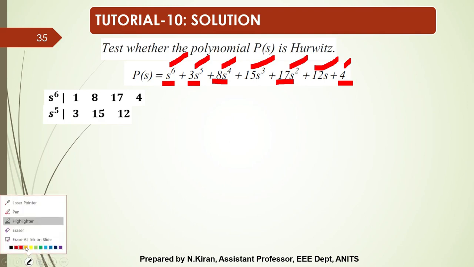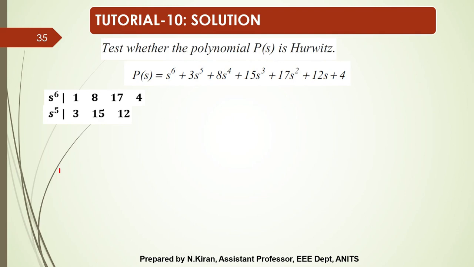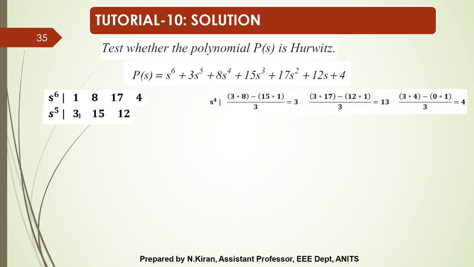So next we have to find the array of the remaining terms, that is s power 4 till s power 0. So s power 4. The calculation: 3 into 8 minus 15 into 1, divided by this element 3, will give you the first element in the row s power 4. According to the calculation, I obtained 3.